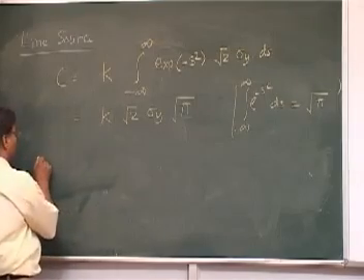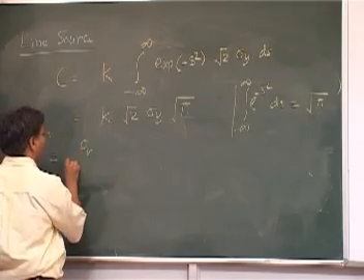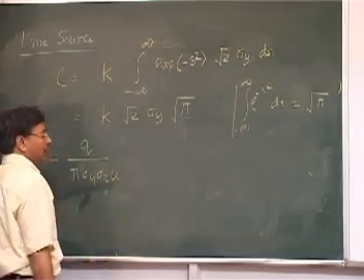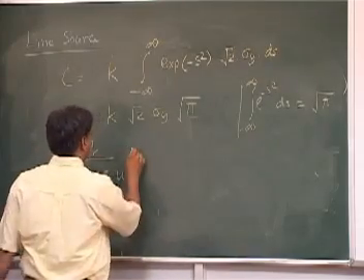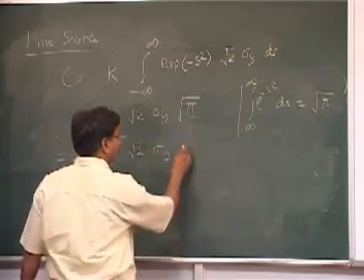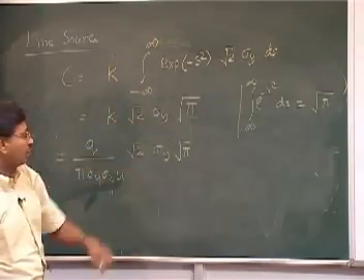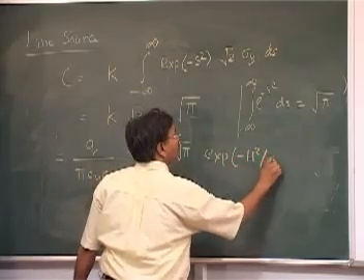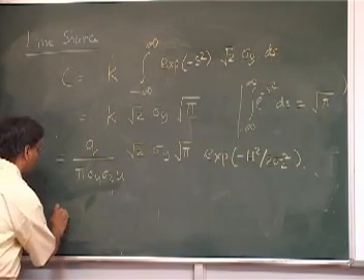So let's now write the value of K. K is your q over pi sigma y sigma z u, times the exponential, we'll write that a little later, and then h square.